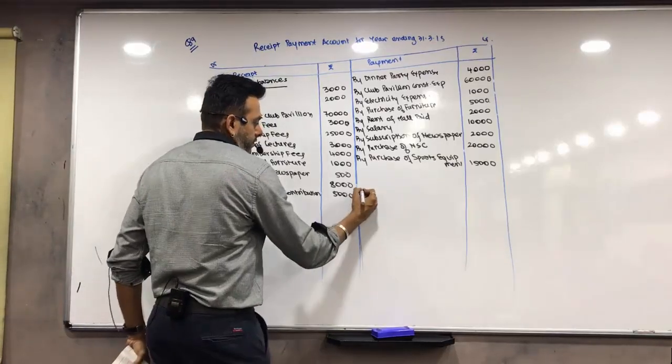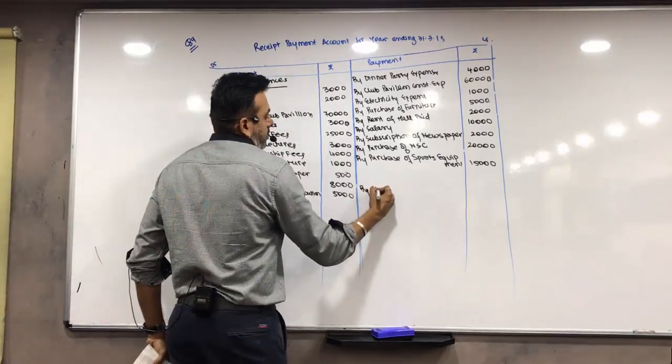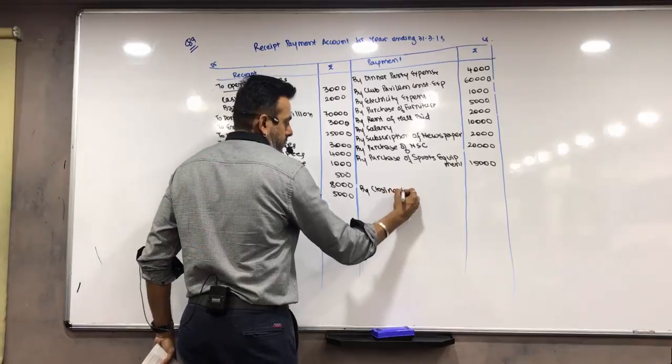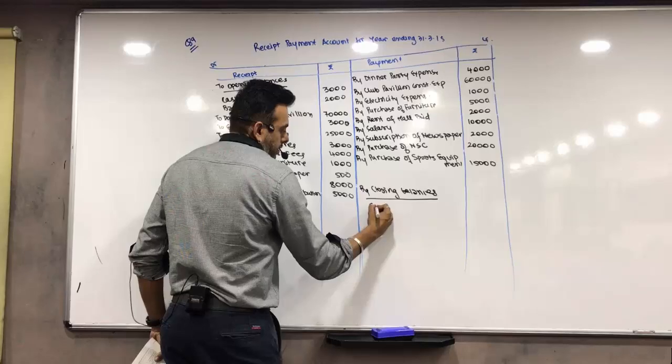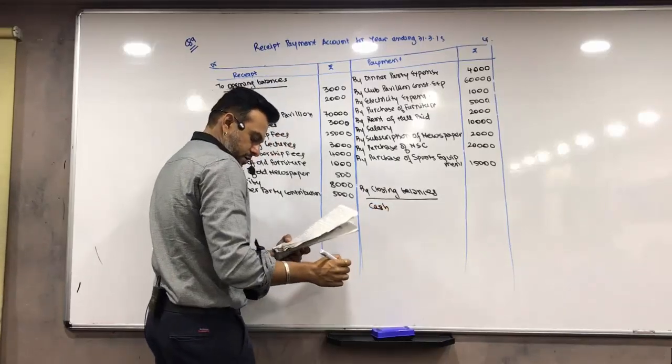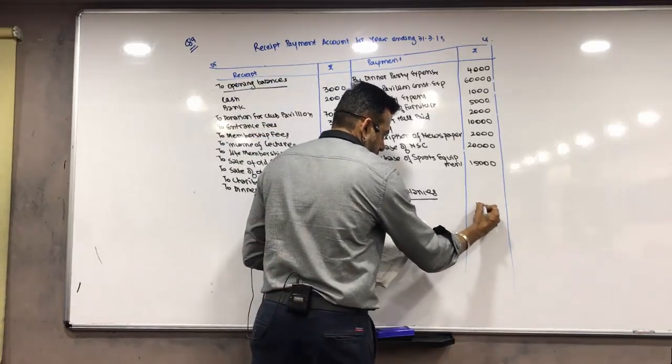And closing balance. So by closing balance. Cash. Cash balance is 1,000.